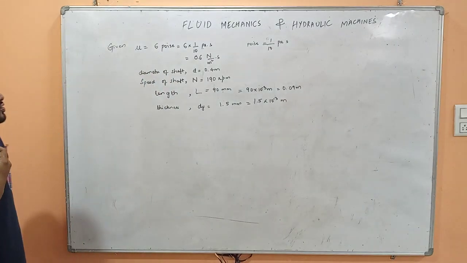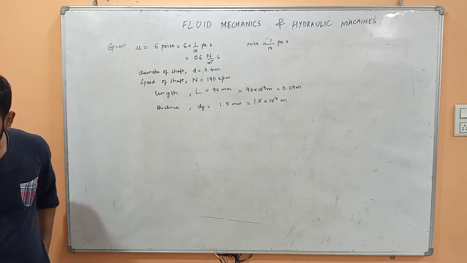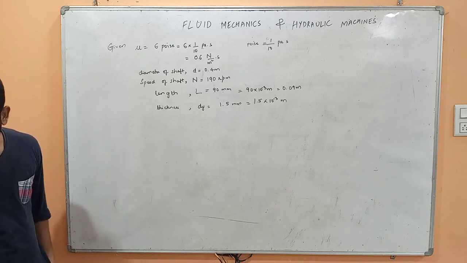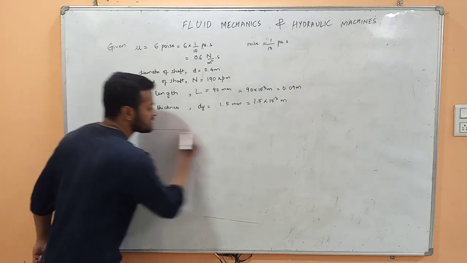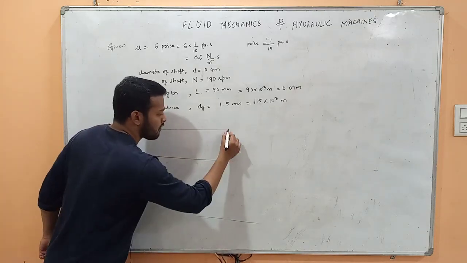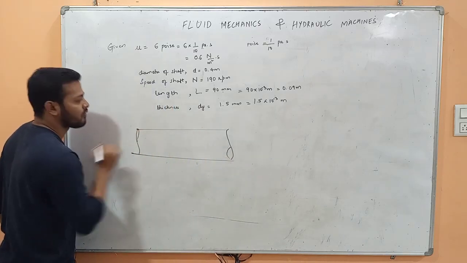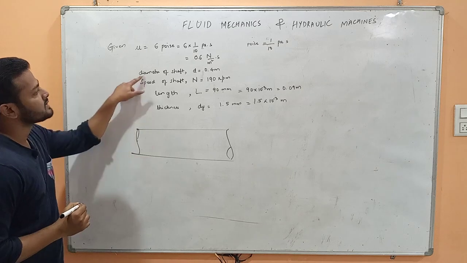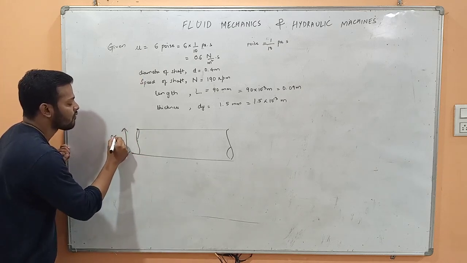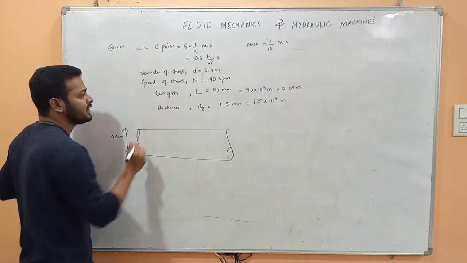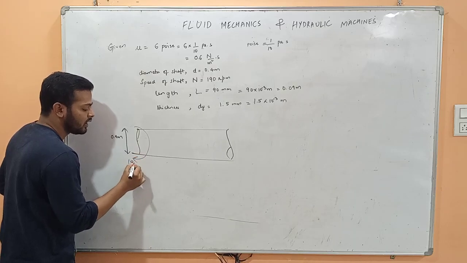So I will read out the question once again. The dynamic viscosity of an oil used for lubrication between a shaft and sleeve is 6 poise. So you have a shaft. This shaft has a diameter of 0.4 meters and it is running at a speed of 190 rpm.